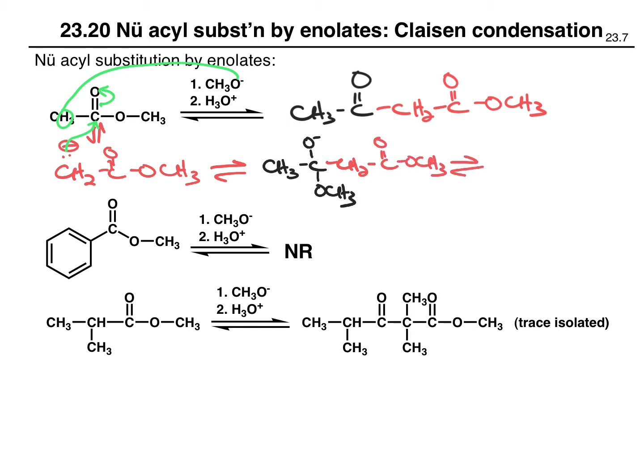From here, these electrons can fold back in to reform the double bond, pushing away the methoxy group. That's an OCH3. And we've also kicked out some CH3O-.